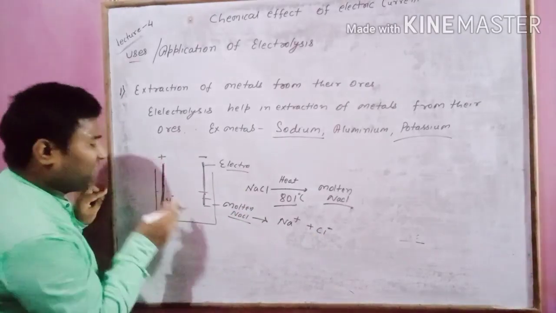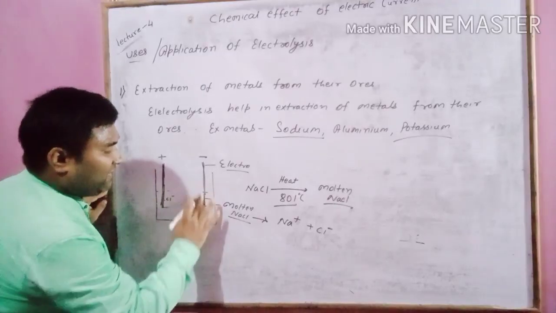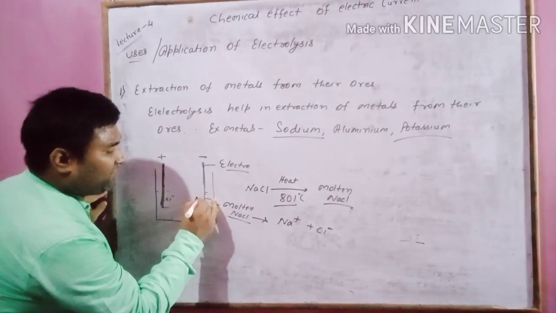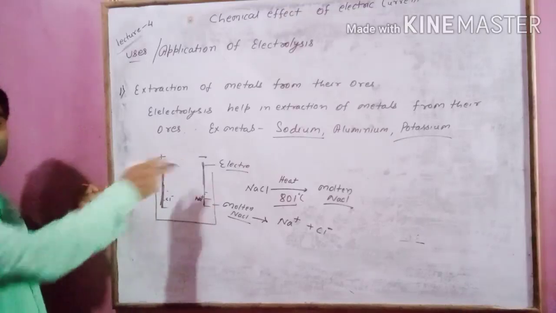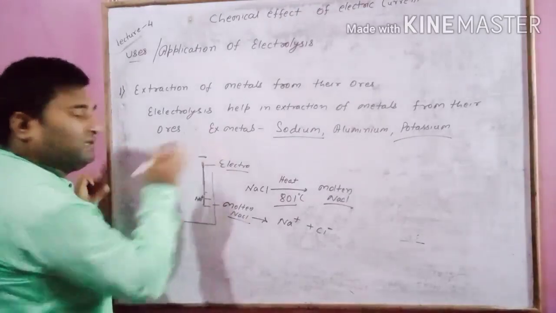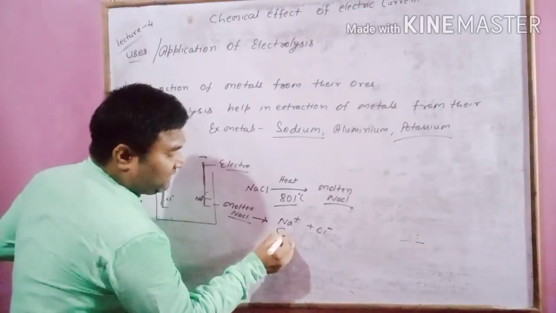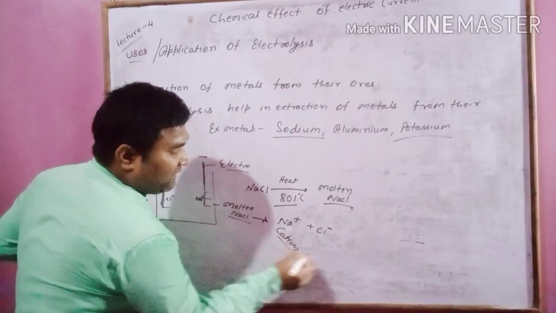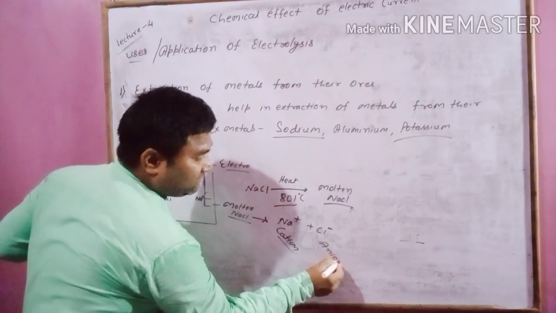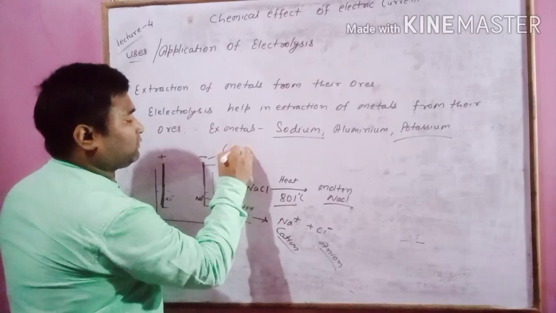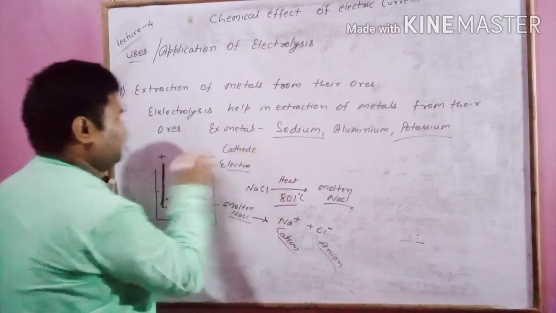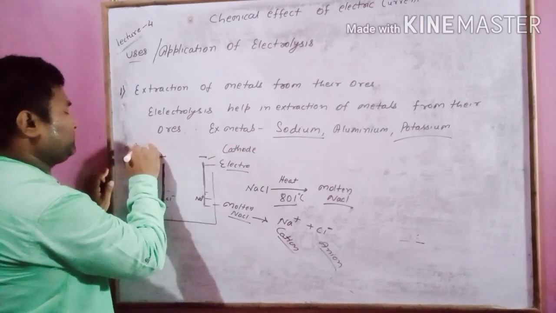So Cl will get attracted here, and Na, sodium being positively charged, will get attracted towards the cathode. This is the cation and this is the anion. This is the cathode, this is the anode.